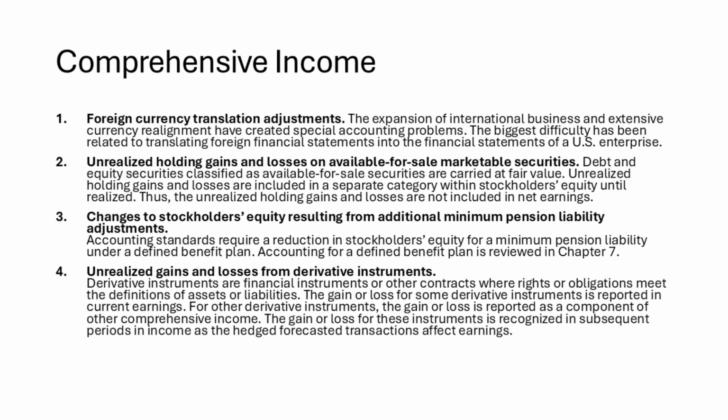The first is about the foreign currency translation adjustment. The expansion of international business and the extensive currency relations have created special accounting problems. The biggest difficulty has been related to translating the foreign financial statements into the financial statements of the U.S. enterprise.